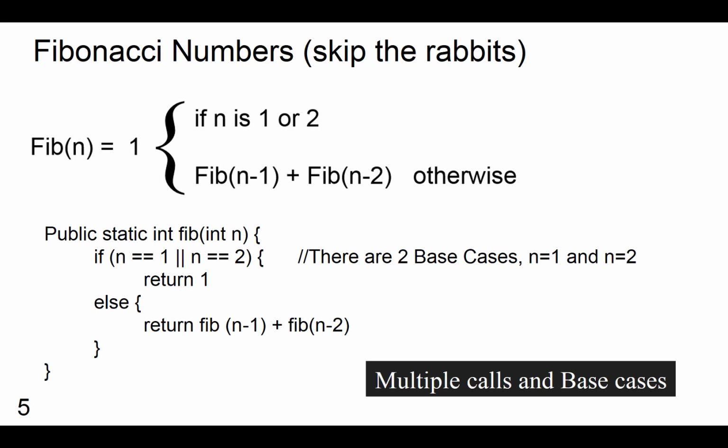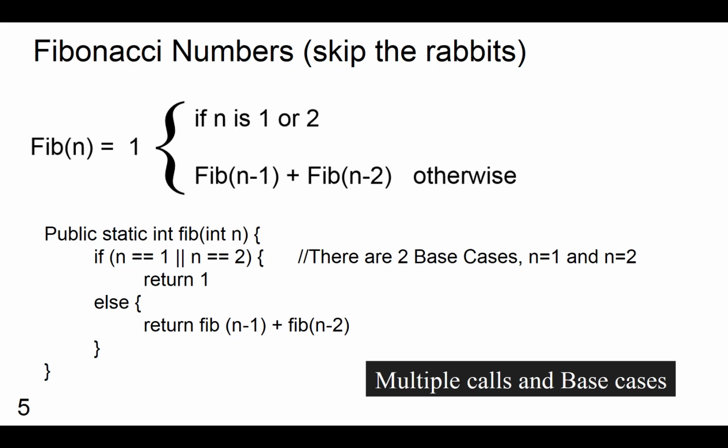Based on the recurrence relation, we can easily write a recursive method for Fibonacci number. The general case could be written with the recursive method call, and the base case can be written with the base case. As you can see, the FIB method accepts an integer value n as parameter. The return type will be integer because Fibonacci numbers are integers.